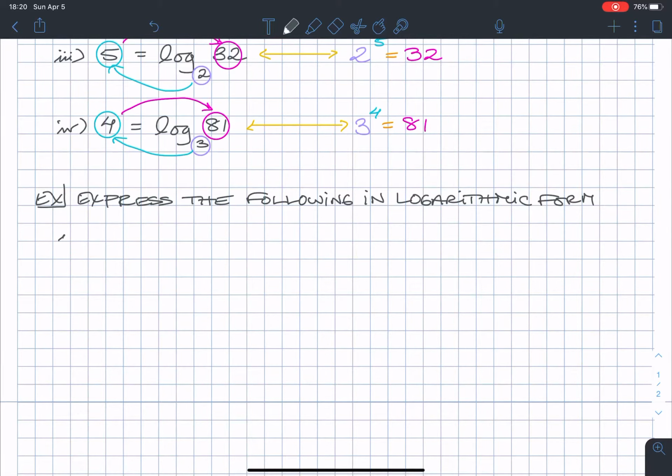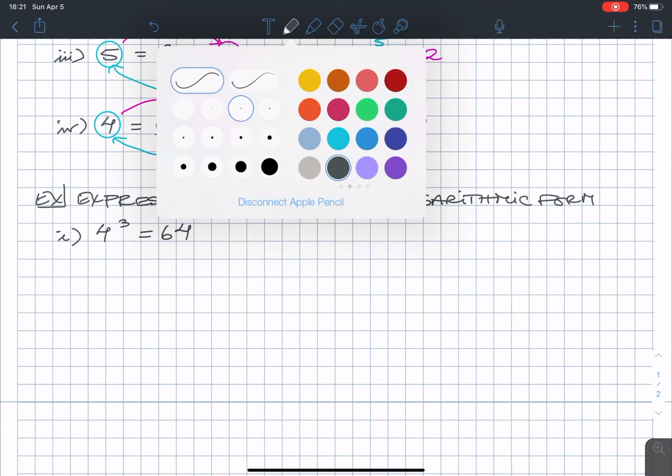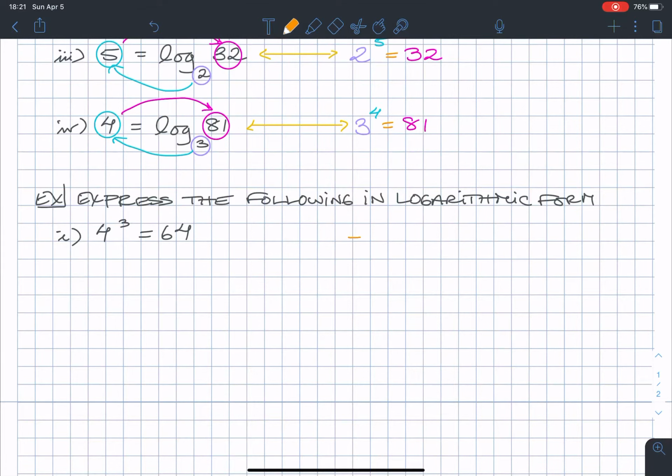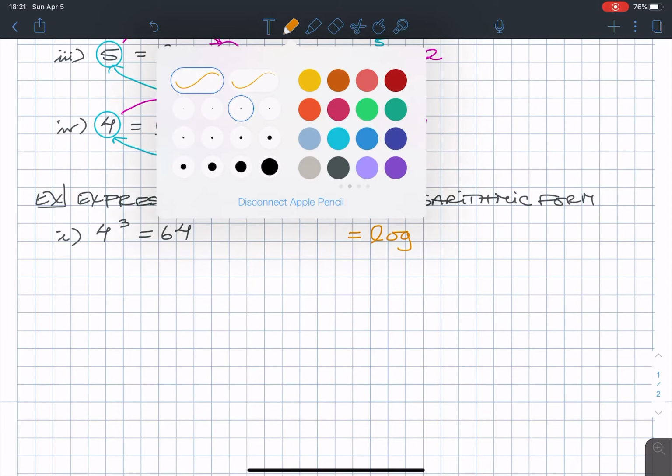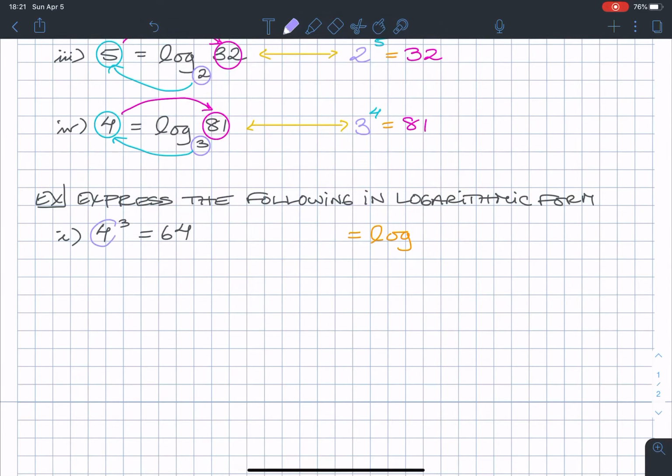Okay, so number 1, let's say I have 4 to the 3rd power is 64. The way I do this is I always like to put my equal sign and log. I just write log because I know the base of the exponent is the same as the base of the logarithm.